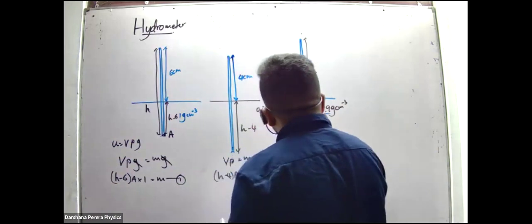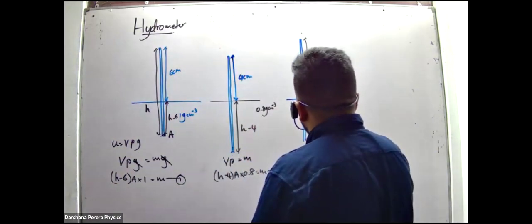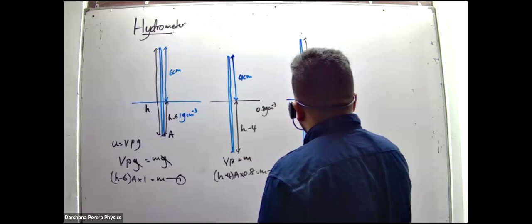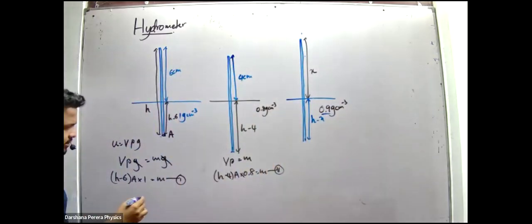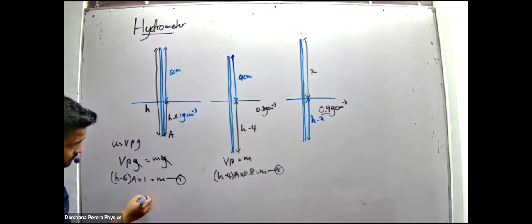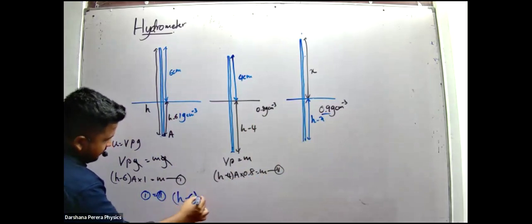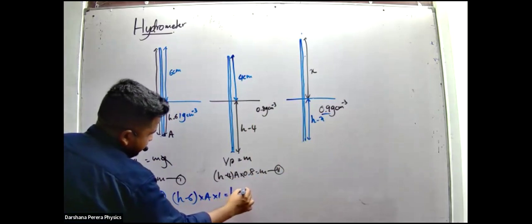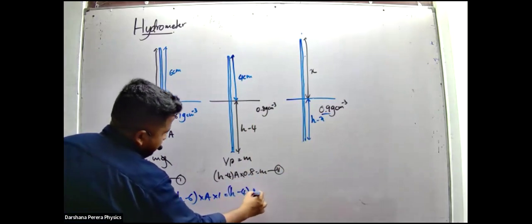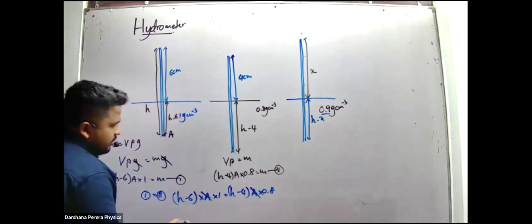So when you consider this case, h minus x, I can find the h in this case. So equating 1 and 2: (h minus 6) A into 1 equals (h minus 4) A into 0.8. A and A cancel out.